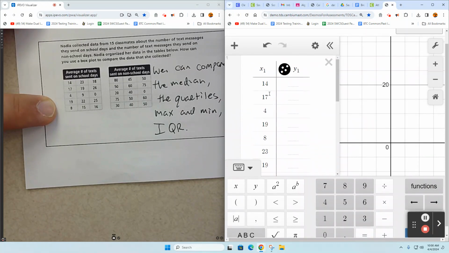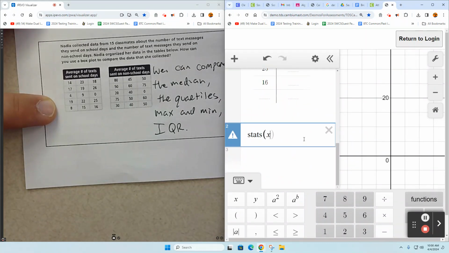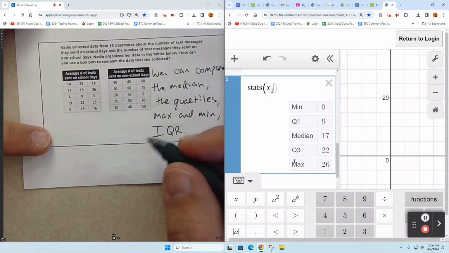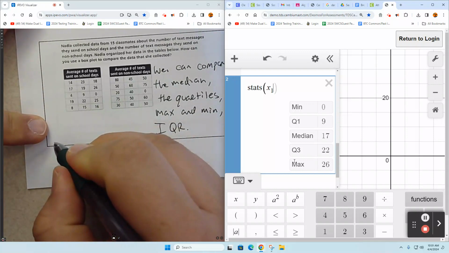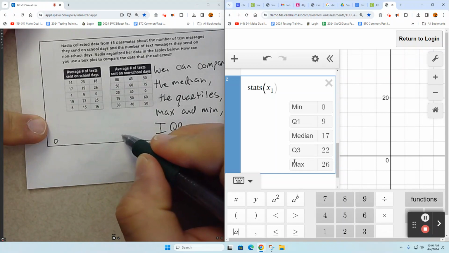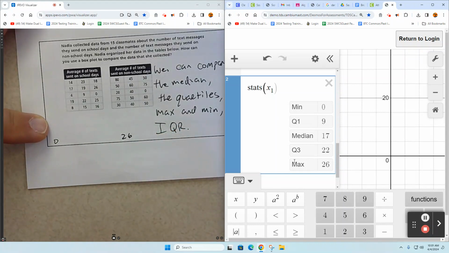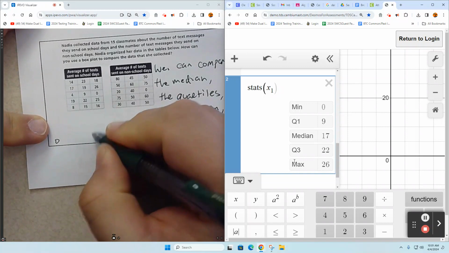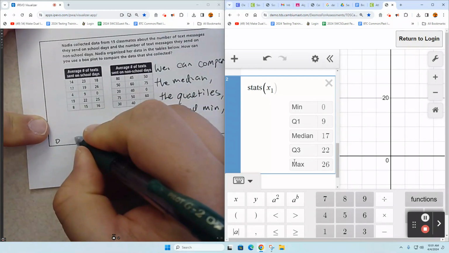If I want to do the stats of X1, it gives me the min, quartile 1, the median, quartile 3, and the max. So then all I have to do is go, okay, it's from 0 to 26. I kind of want to do it at scale. 22 is roughly here on that scale. 17 is roughly here. And 9 would be a little bit closer.